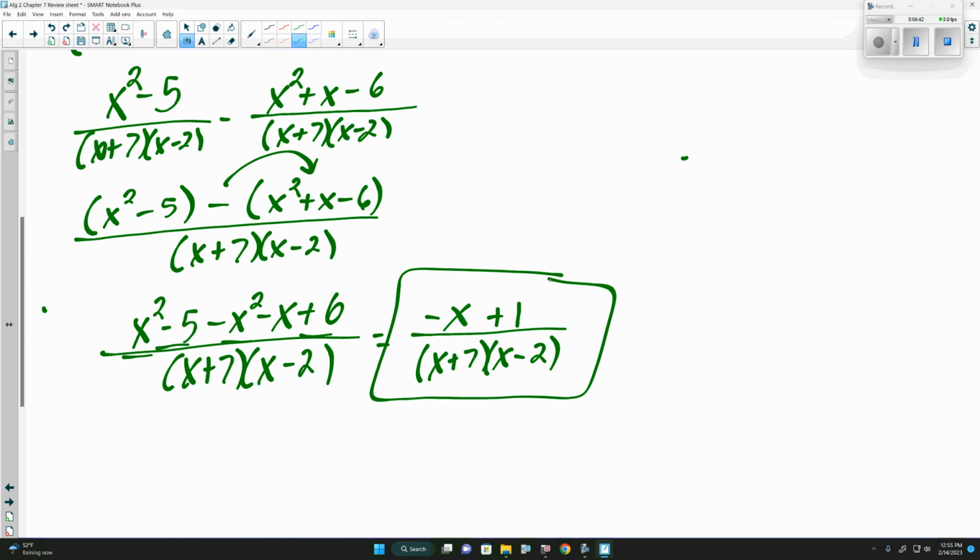We can factor a negative 1 out of the two numerators, our negative x and 1, but that won't really help us, because we'd get negative times x minus 1 over x plus 7 times x minus 2. But even if we have this, there's nothing in common on top and bottom that would simplify. So this is as simplified as it gets.